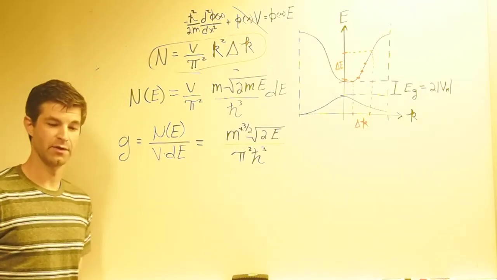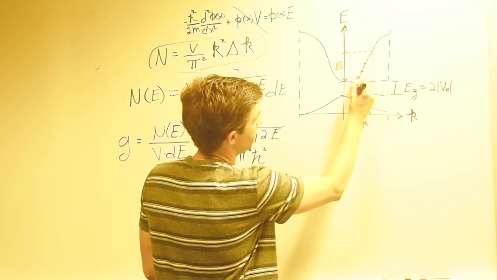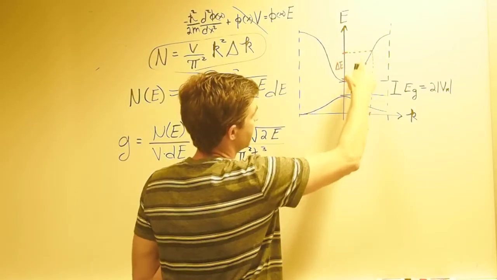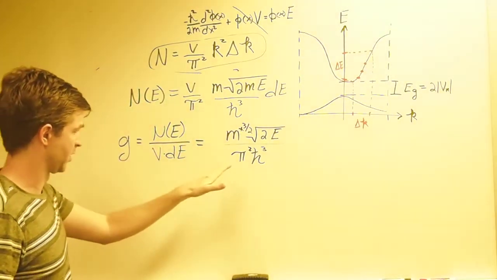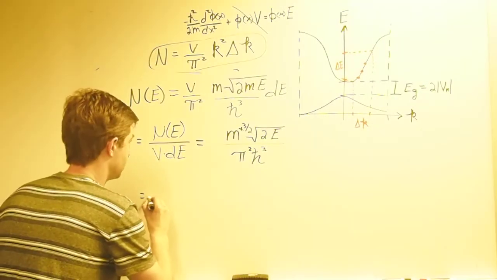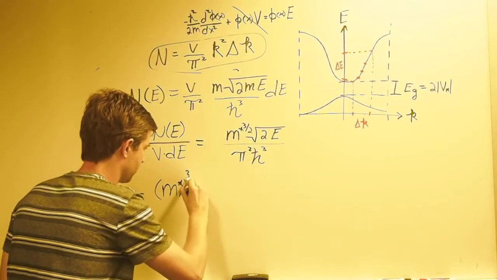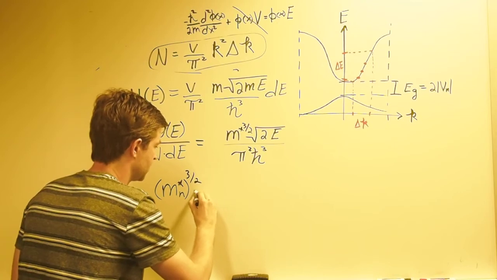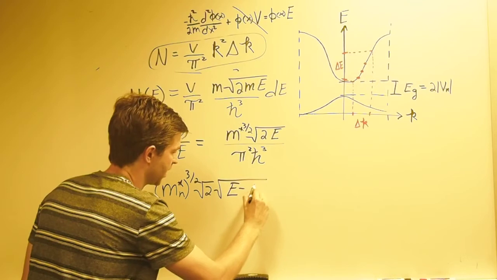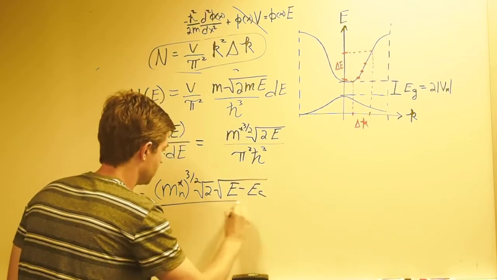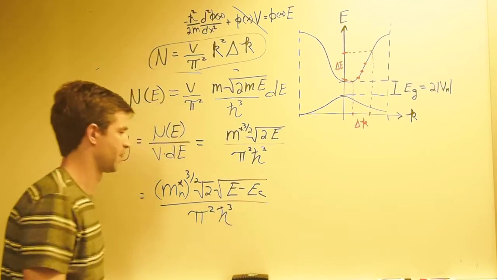But if we're just considering the conduction band, everything from here and above, right? We take this as referenced as our conduction band, this as referenced as our valence band. Then we want to rewrite this actually as m_n star to the 3 over 2 root 2 times E minus E_C over pi squared h bar cubed.